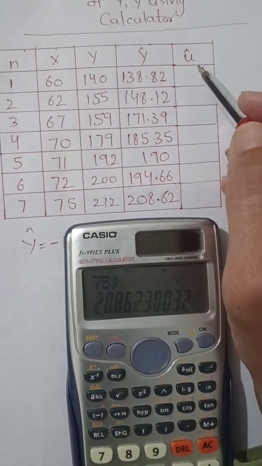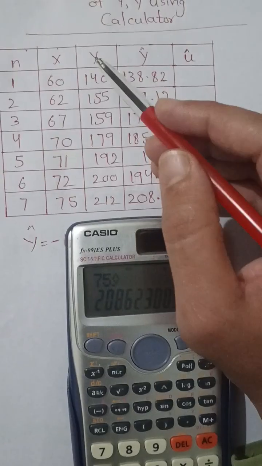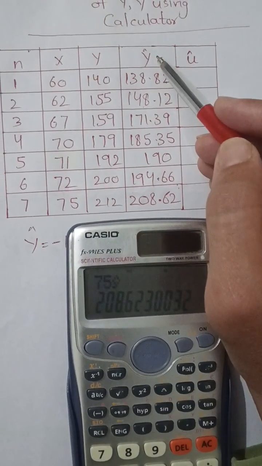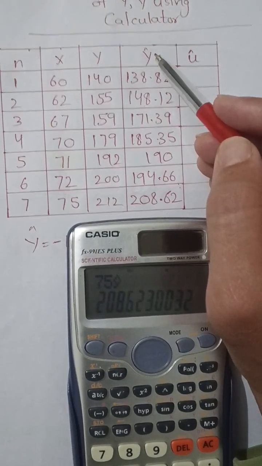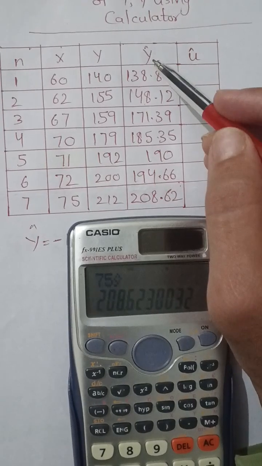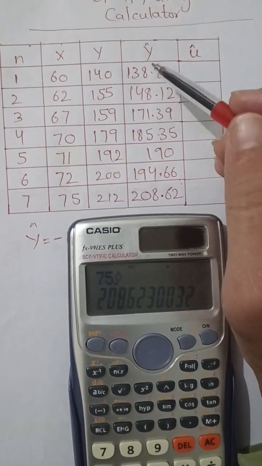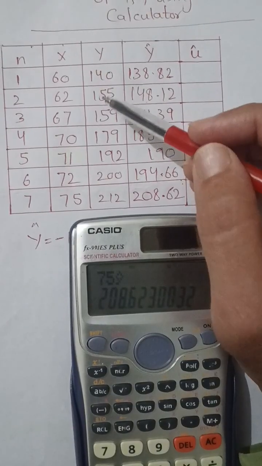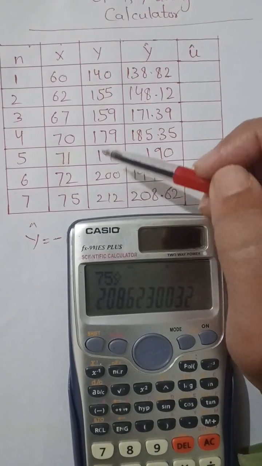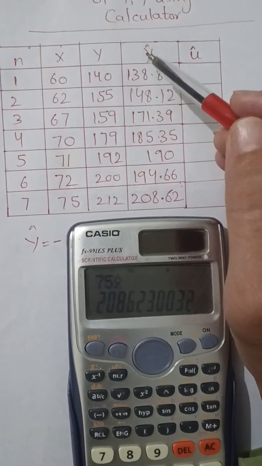Residual is what? Residual is the difference between actual value of y and the predicted value of y. Remember that these are our predicted values, these are not our actual values. These are the actual values that we get from our sample data. These are the estimated values.